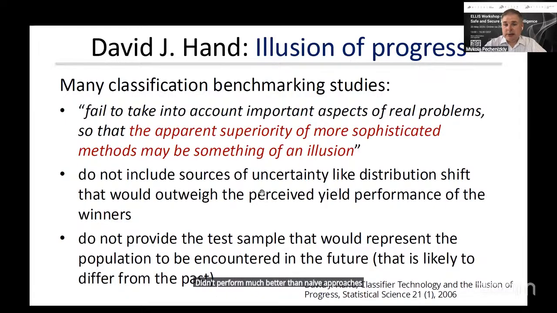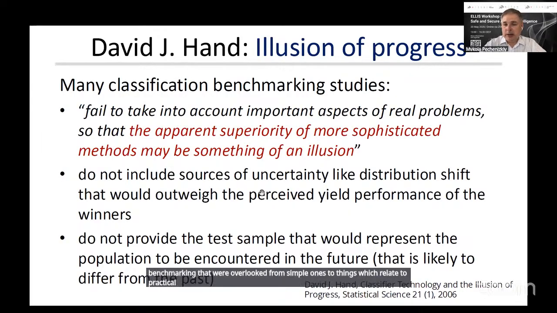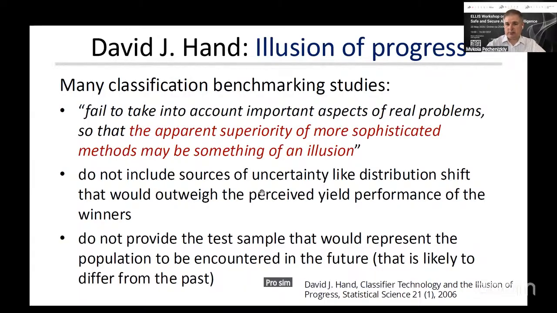And well, he illustrated that there would be many methodological aspects in benchmarking that were overlooked, from simple ones to things which relate to practical applicability, and that they are not tested through simulation. For instance, uncertainty like distribution shifts and things like that. Next slide, please.